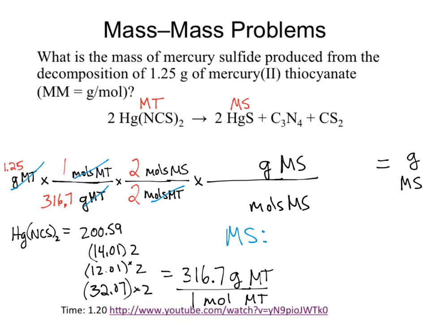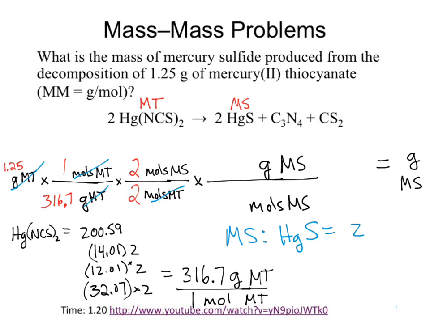Our MS formula was HgS. We do not use our 316 number. Why? That was our molar mass for MT. We're now into units of MS. We have to now go through and calculate that one.